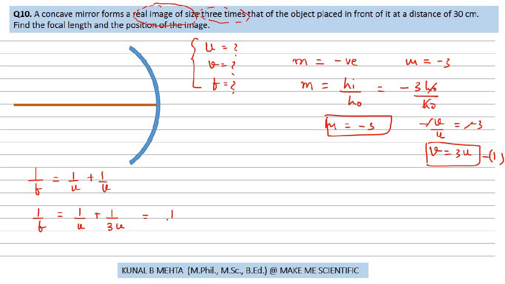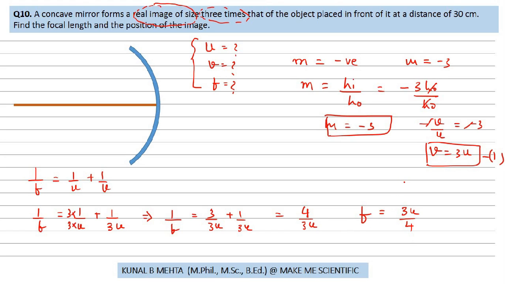So 1 upon F is equal to, multiplying by 3 up and down, 3 upon 3U plus 1 upon 3U. So my answer is 4 upon 3U. So doing the reciprocal, focal length is equal to 3U upon 4.